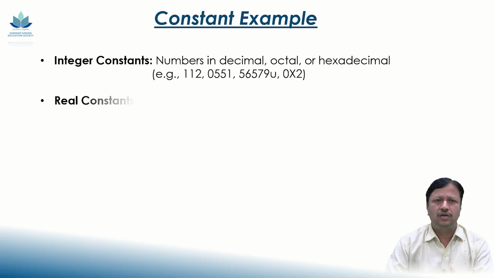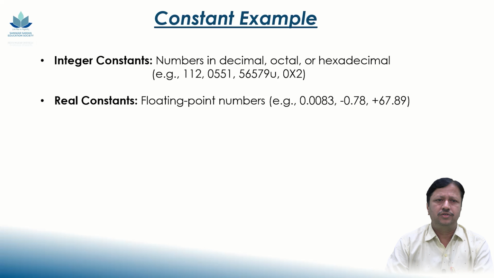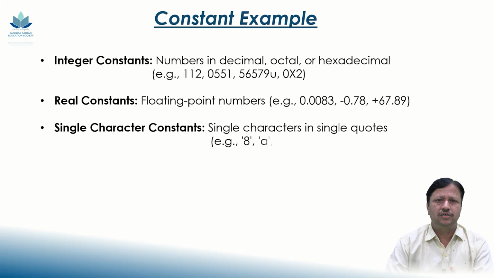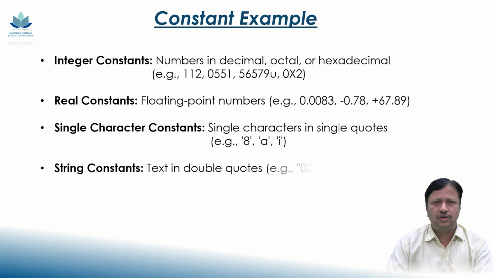Real constant: floating point numbers. Single character constant: a single character in single quotes, for example '8', 'A', 'I'. String constant: text in double quotes, for example 0211, stack overflow.